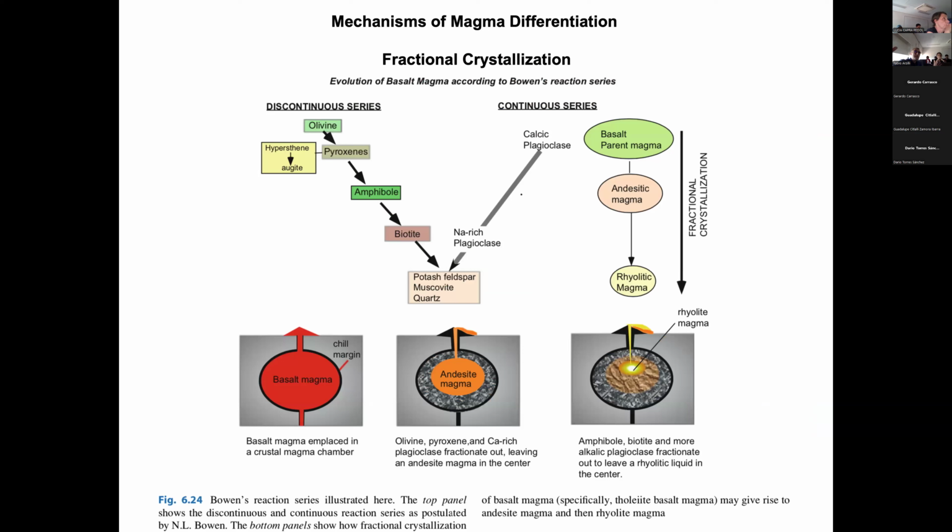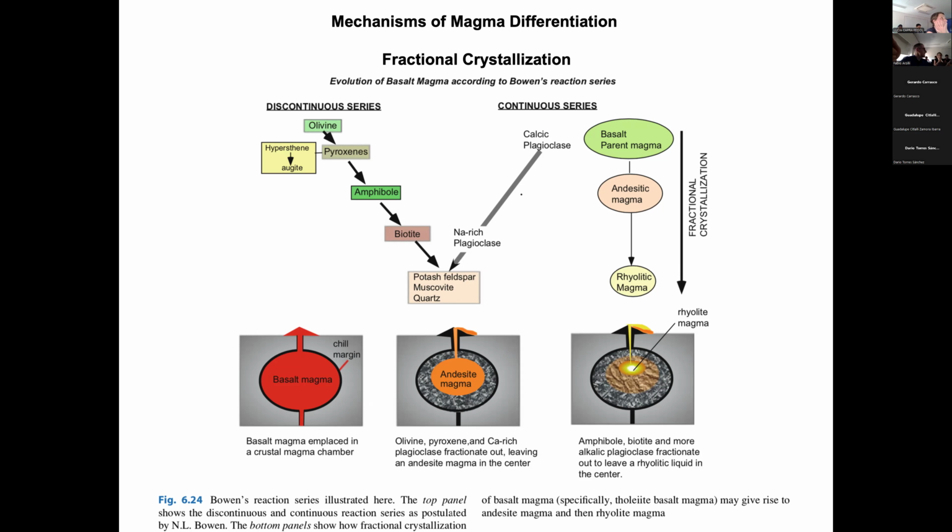What I was saying now is that if you have a big portion of basalt, at the end, if you fractionate, you will accumulate liquid at the center of this magma chamber, starting from a completely liquid basaltic magma. You fractionate the liquid, forming a mush, and you accumulate the liquid here.